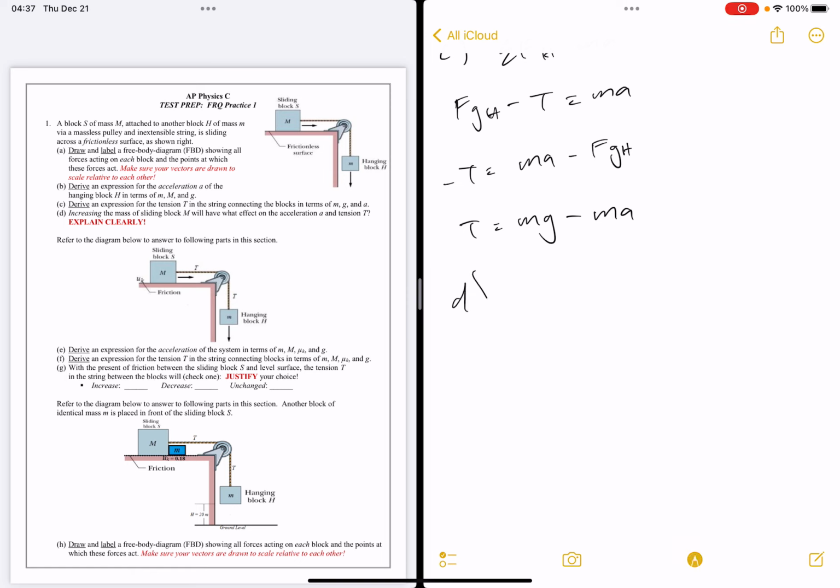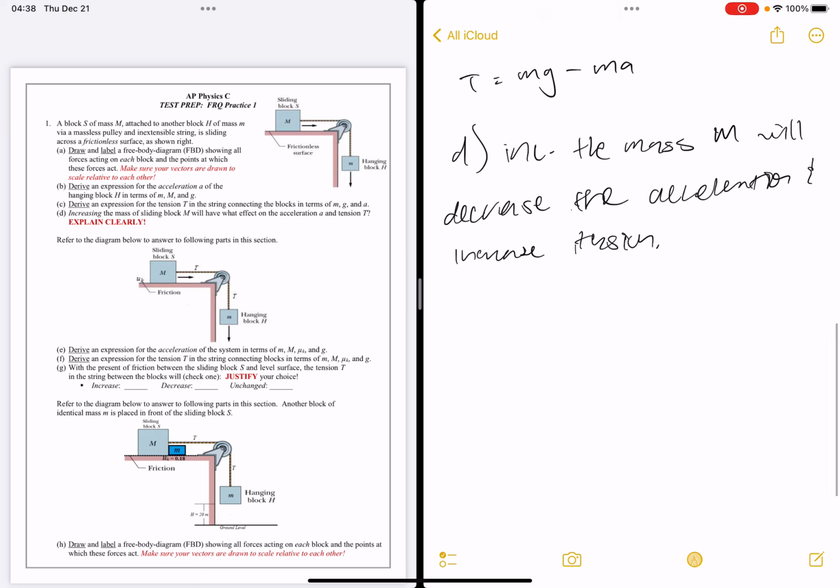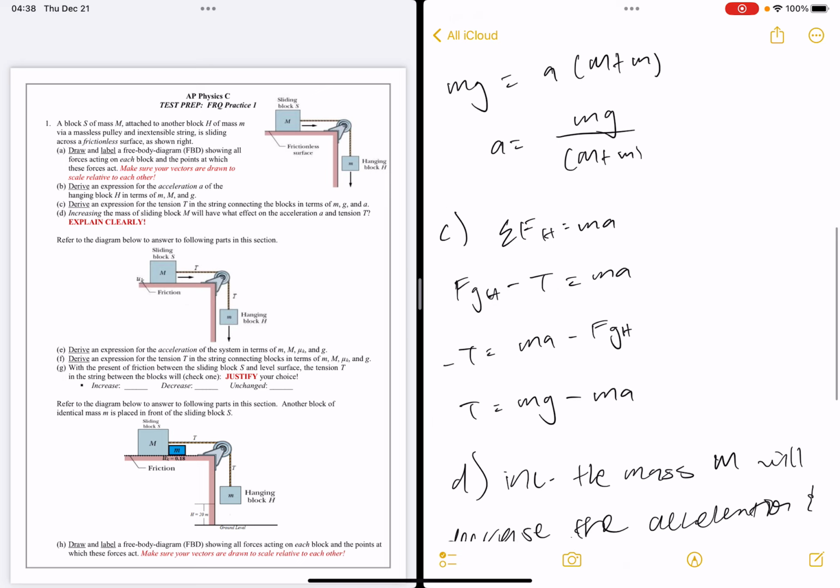So for part D, increasing the mass, actually I'll do the other one first. Increasing big M will decrease the acceleration and increase tension. We know this because we can use the expressions we derived earlier.